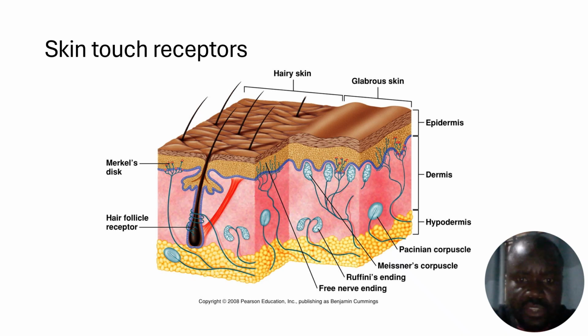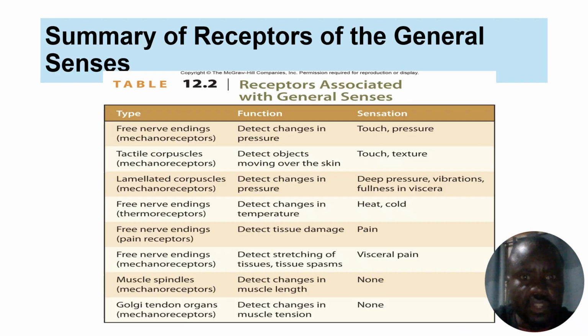The Meissner's corpuscles are more abundant in glabrous skin, while the Meckel's discs will help in the non-glabrous skin. The table below shows a summary of the different types of mechanoreceptors that help with the skin in terms of reception, their functions, and the type of sense they provide.